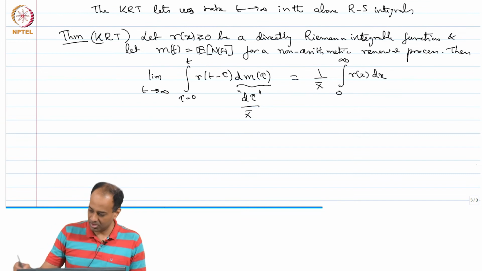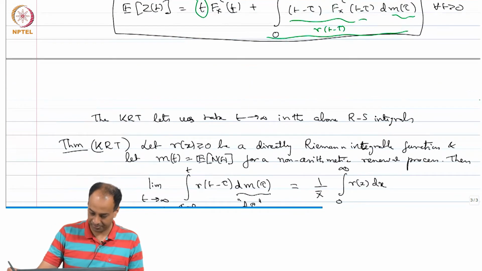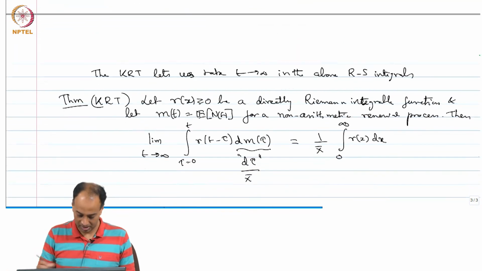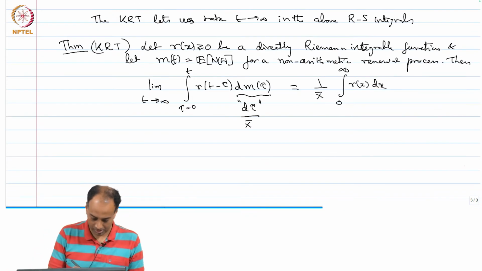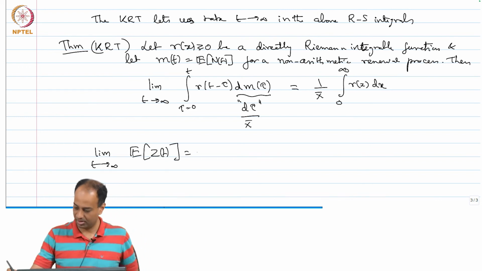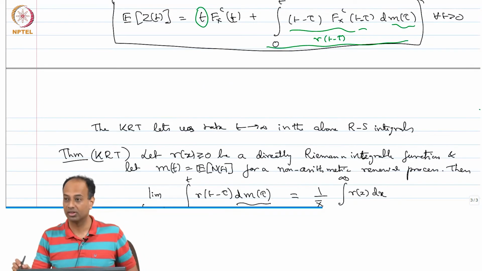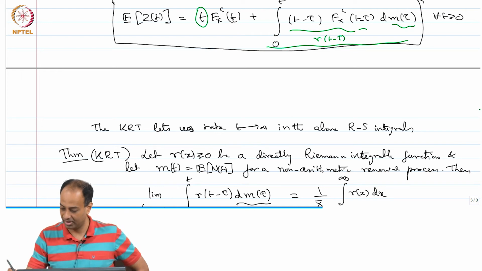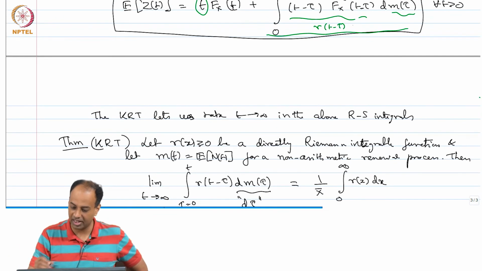Okay. So, using KRT, if I want to take the limit t tending to infinity of the expected Z of t, what will I get? The first term goes to 0, right. For the second term I can use the key renewal theorem, with r of t minus tau.